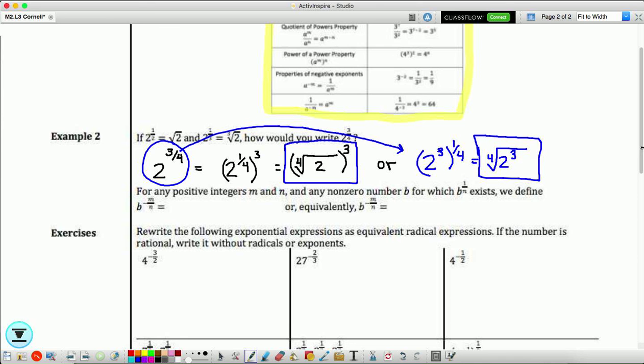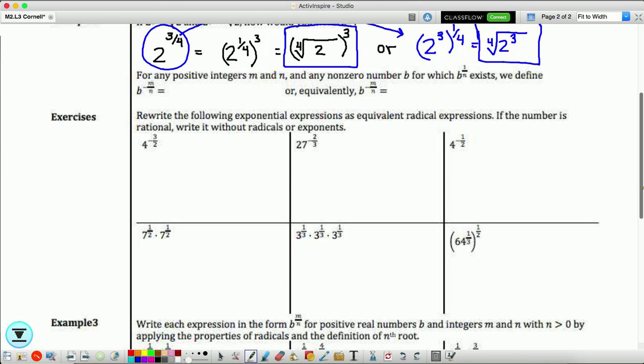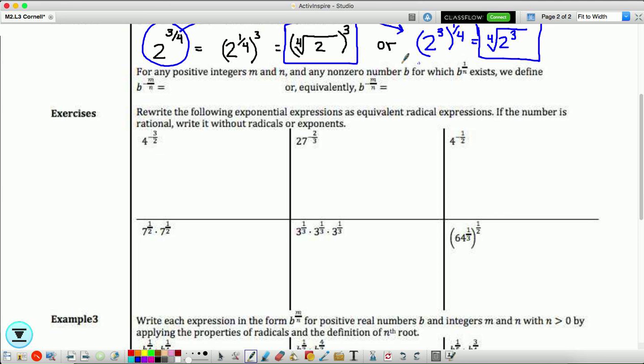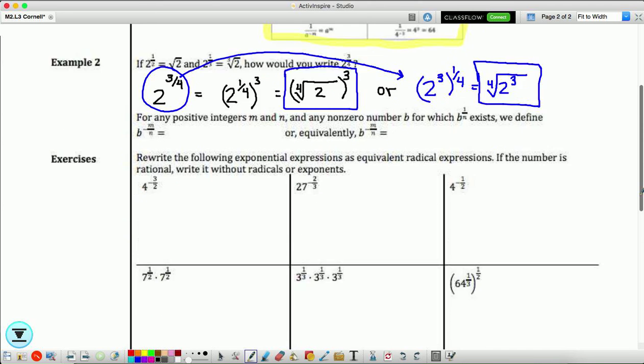So now we'll go into a little bit more with the fractions and negatives. For any positive integers m and n and any non-zero number b, so my base is not a 0, then we can define b to the negative m over n as a couple different things. Looking back at these properties, if I have a negative exponent, I can write it as a reciprocal of itself and change that to a positive.